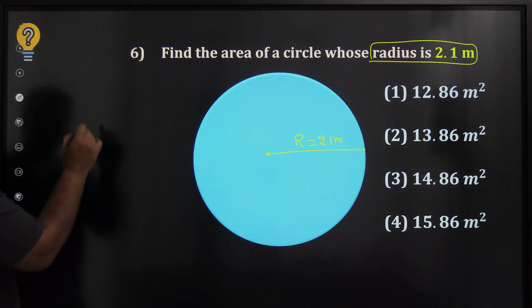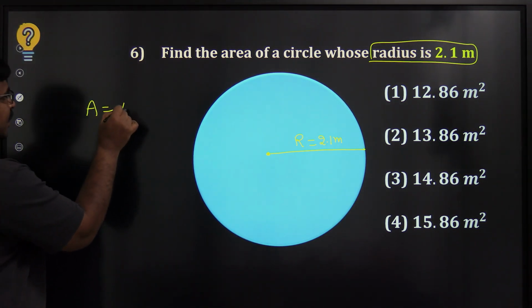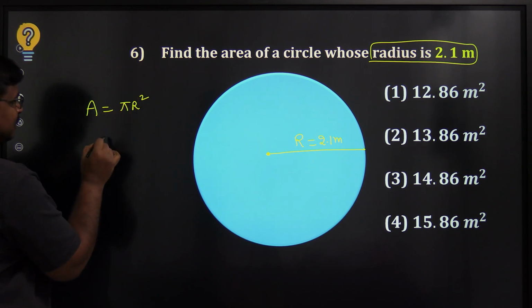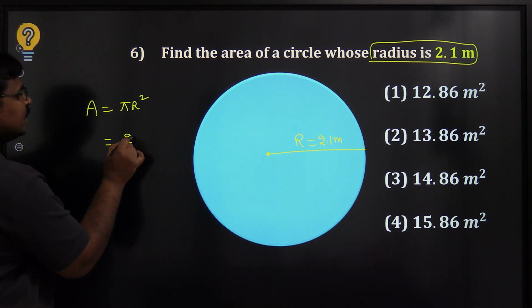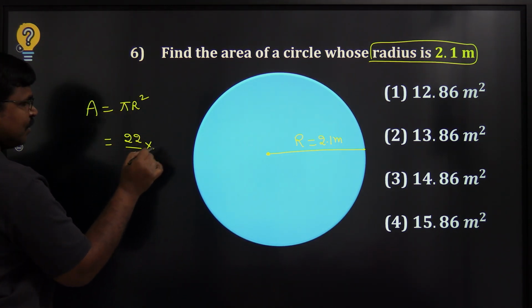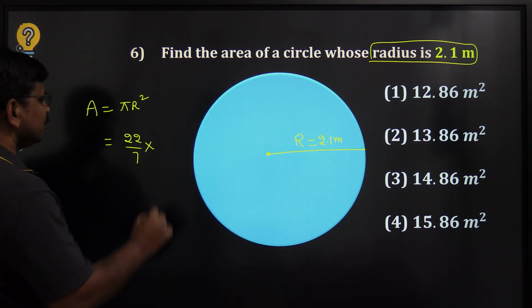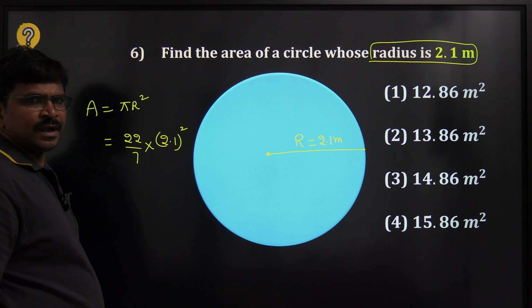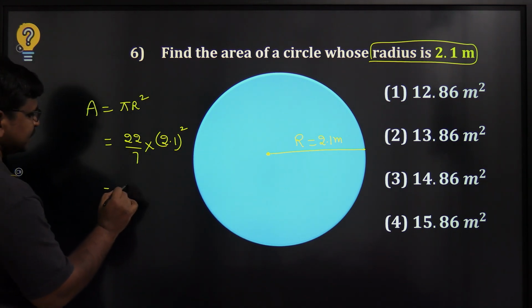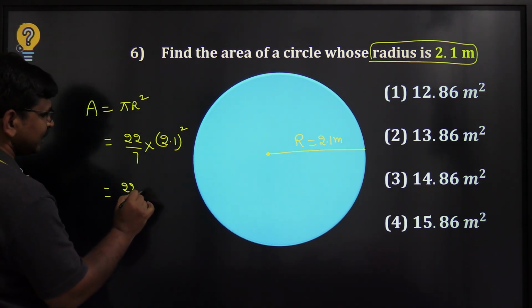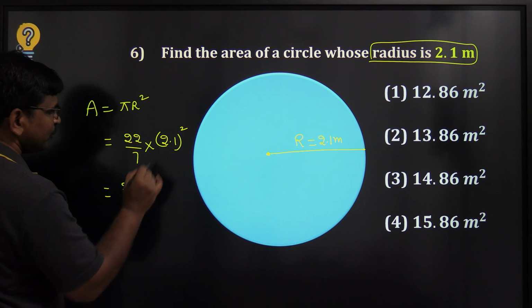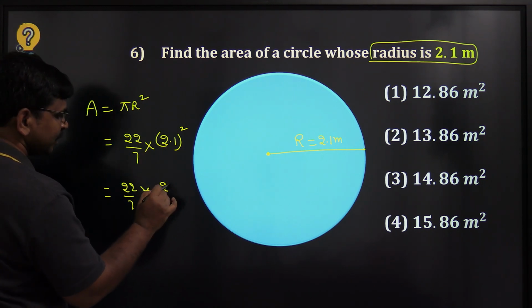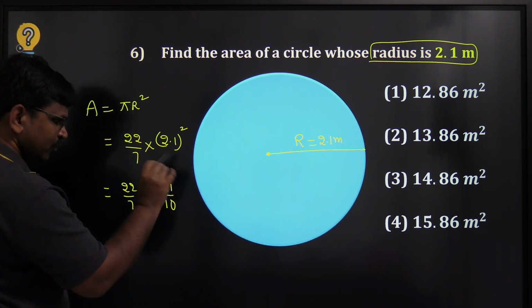And the area of the circle formula is pi r square. What is pi value? 22 by 7. What is r square value? 2.1 whole square. Simple. And now we can write this as 22 by 7 into 2.1, which is 21 by 10, whole square.